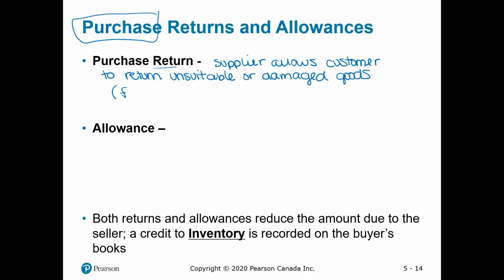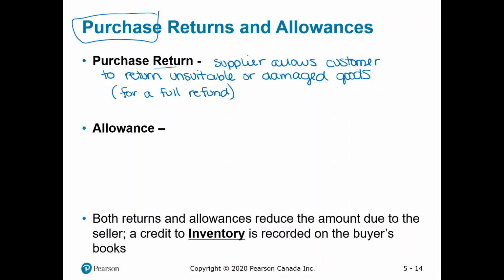And this is for a full refund. So you give them the goods back and they give you a refund. So, I mean, you've done this, I'm sure, in your life. You've bought something, maybe some clothes, you changed your mind or they didn't fit, or an online purchase, you just didn't like it. So you send it back and you return it to the store where you bought it and you get a refund.